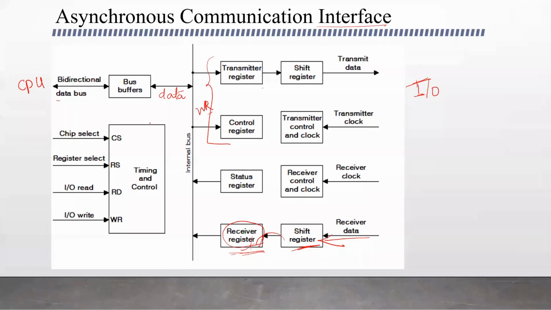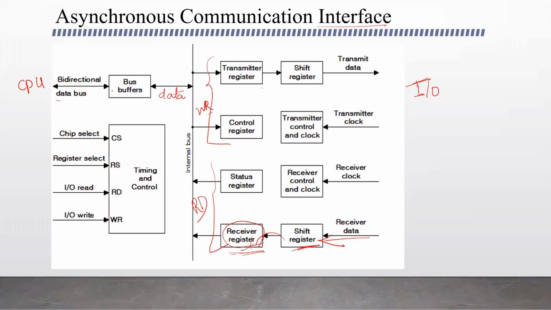When data is being transmitted, it writes the data into the transmitter register. And to control the operation, the CPU writes the control byte in the control register. The other two registers are used to read data. The CPU reads the status register to know the status of the registers and the operation performed, and reads the data from the receiver register to receive data.